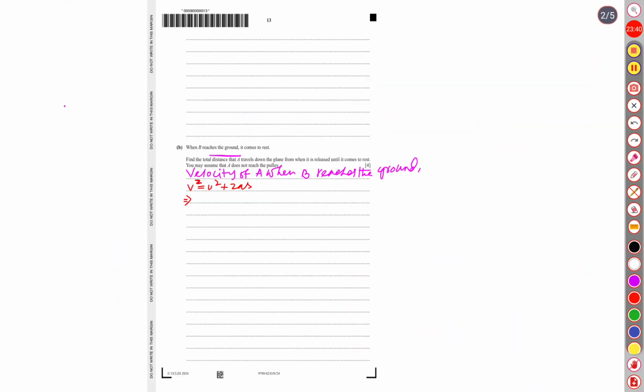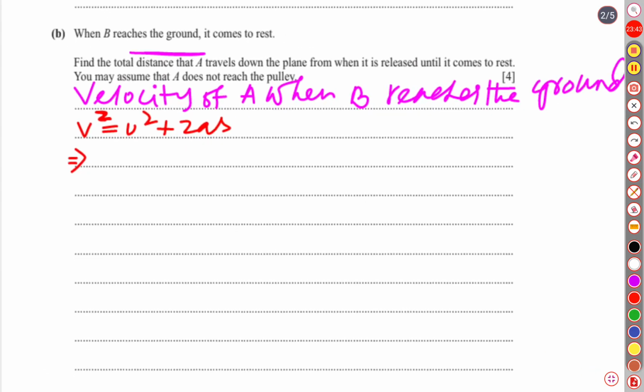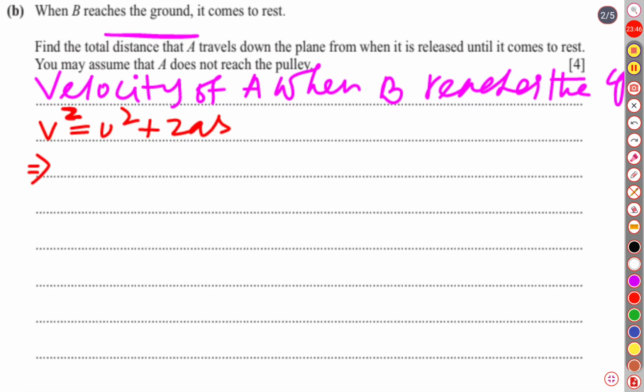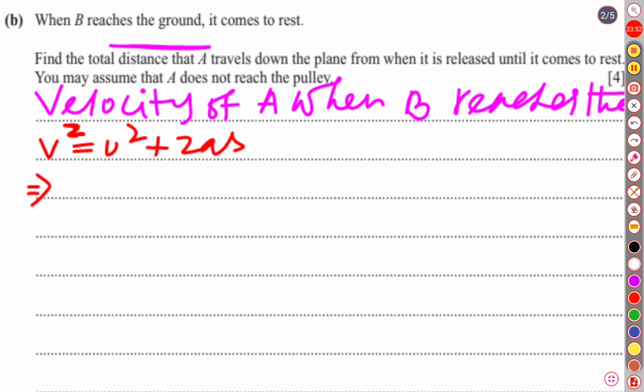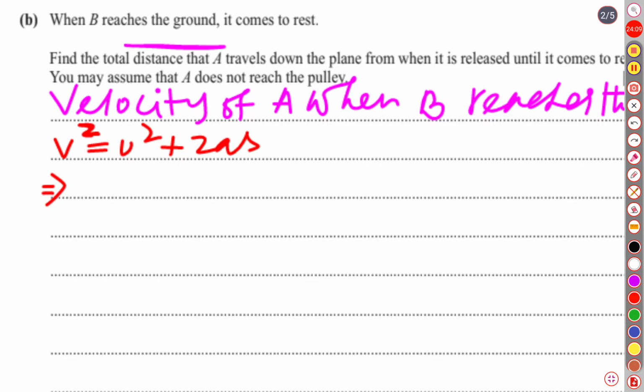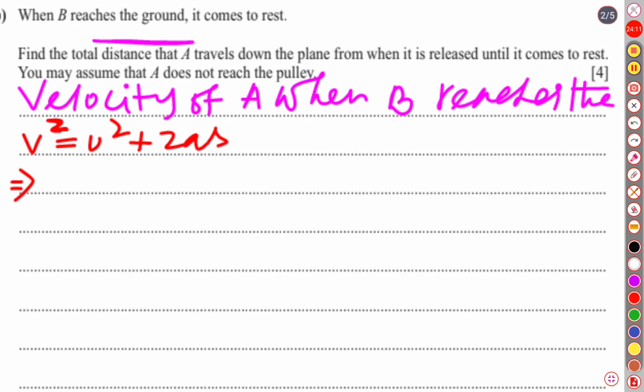When B reaches the ground, A is still moving downward. Let us find the initial velocity of A when B reaches the ground. The initial velocity of A is the final velocity of B at that moment, so please don't get confused. v squared is equal to u squared plus 2as. The initial velocity when the particle was released was 0.